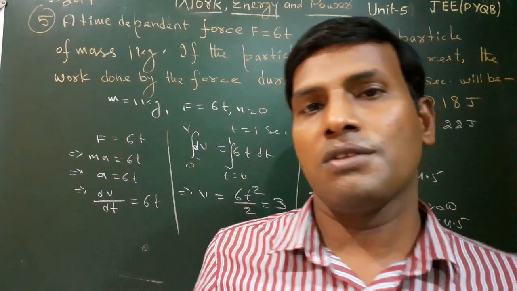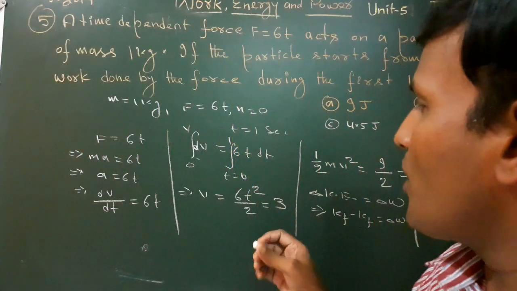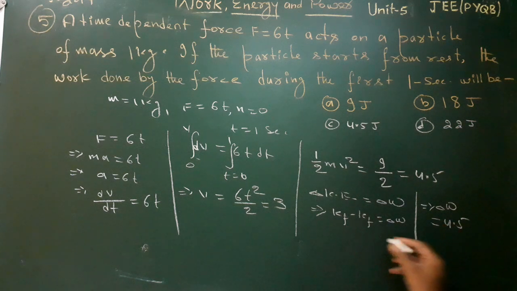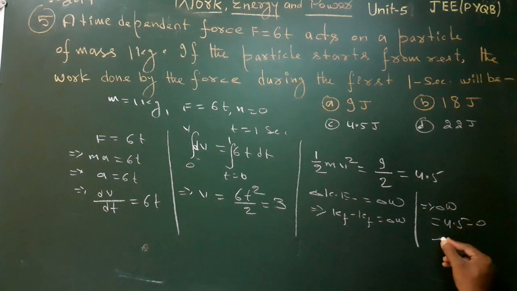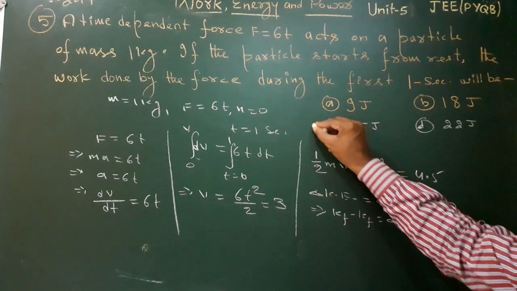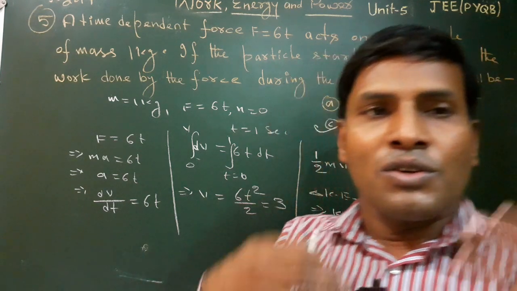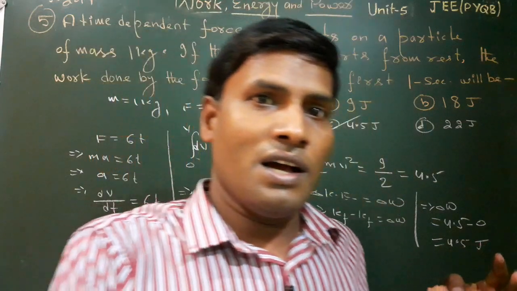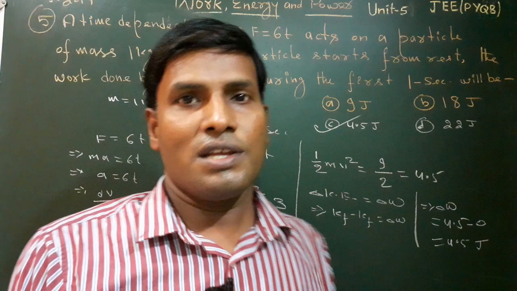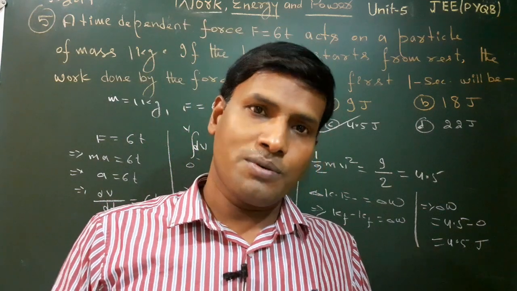So the answer is the value of Kf in joule. So we can apply the work energy theorem here and solve very quickly. Thank you so much for this session.